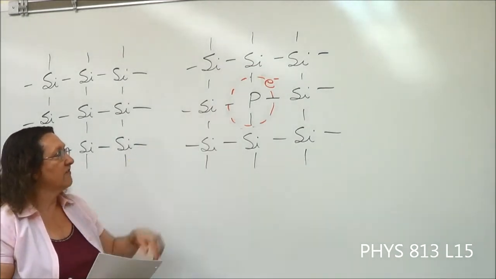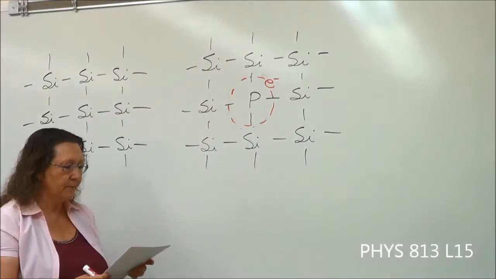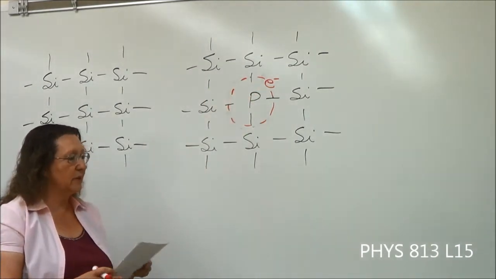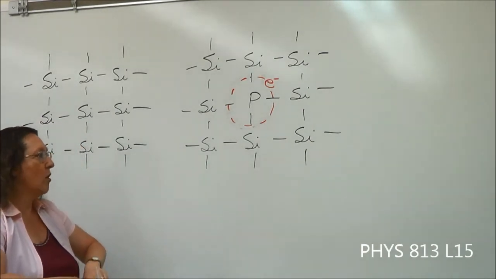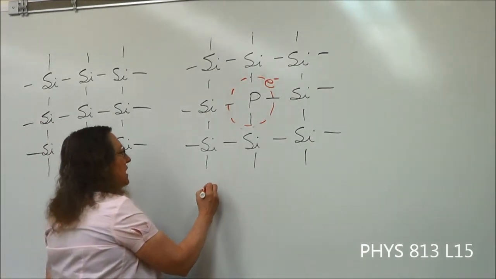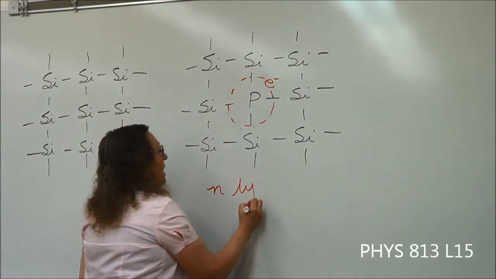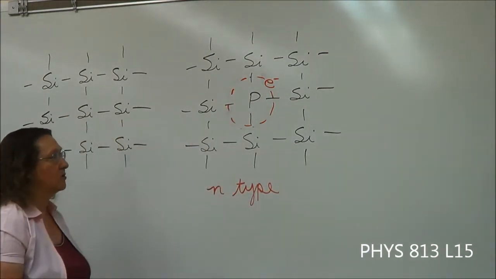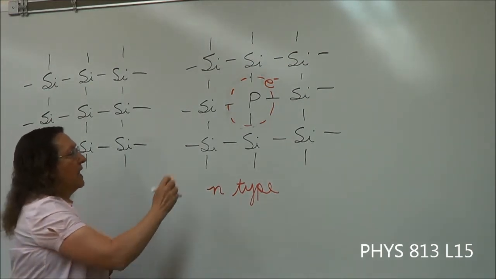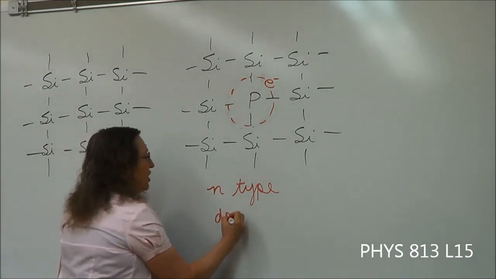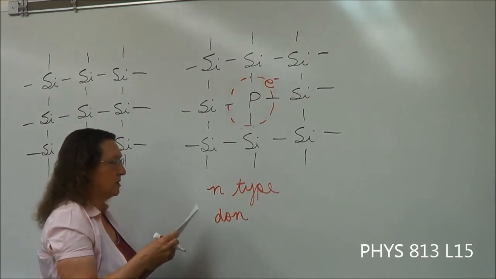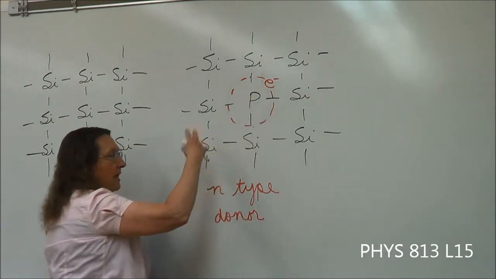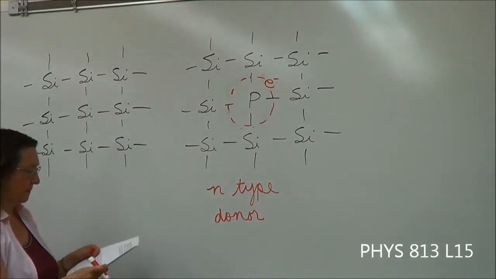So this is phosphorus doped silicon, and it has this electron that's reasonably free. So it is called an N-type, and you can think of it as N goes with negative for electron. It's also called a donor, and I think it's D-O-N-O-R, because it donates an electron. Okay?